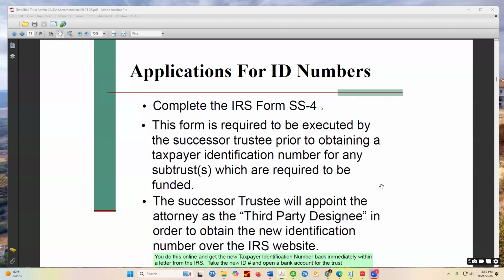But on death, the trust normally becomes irrevocable. Then the trust itself needs to get a federal ID number to file taxes, to work with banks, open accounts, and that type of thing.